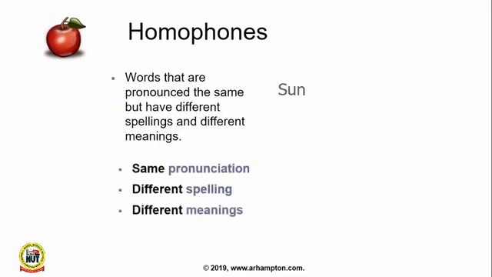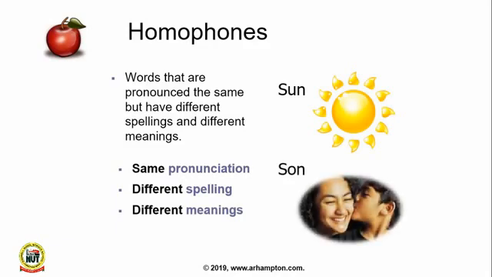Okay, let's talk about homophones. Homophones are words that are pronounced the same but have different spellings and different meanings. Again, same pronunciation, different spelling, different meanings, as in sun and son.